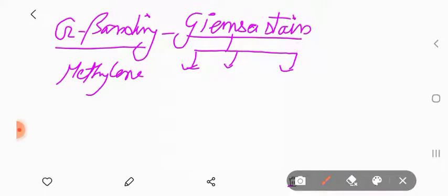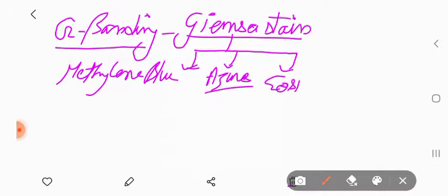So Giemsa stain is an assortment, a mixture of methylene blue, azure (azure B, I think), and eosin, eosin red. These three different stains are combined in suitable ratios to form Giemsa stain.